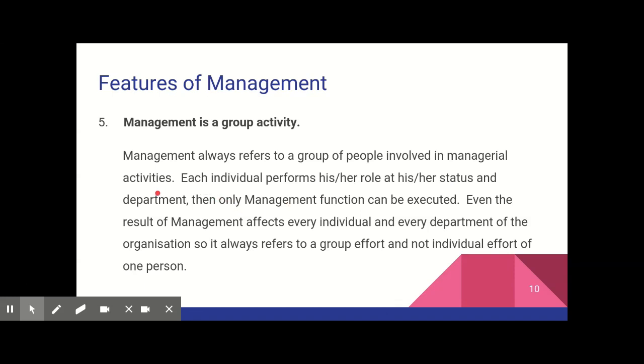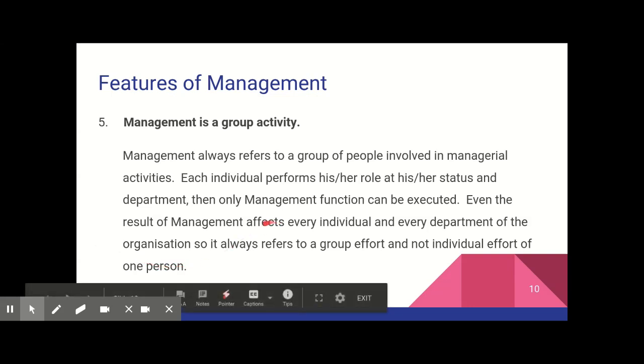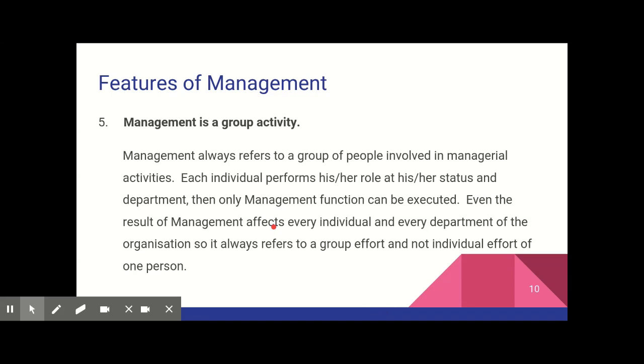Then only the management function can be executed. If everyone is performing in the correct manner and working in the same direction, then only the management function is effective.